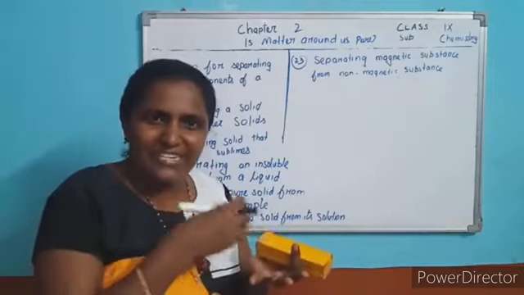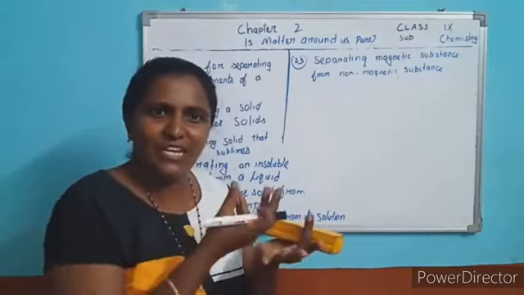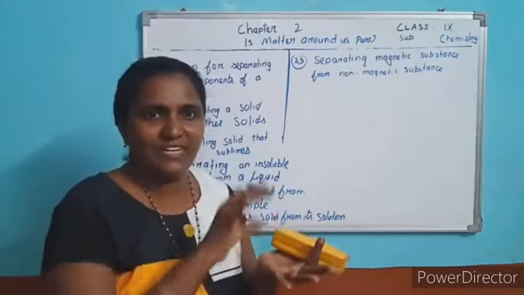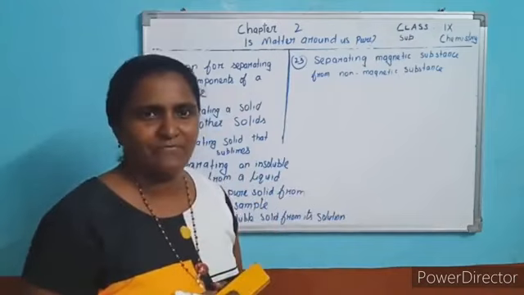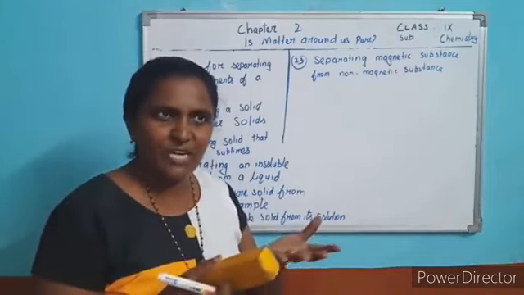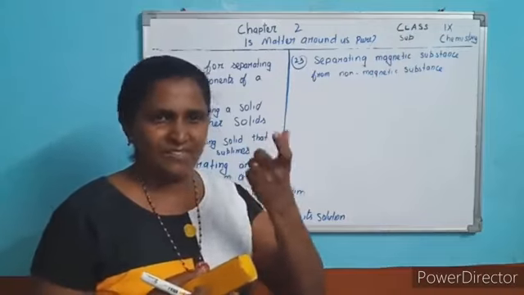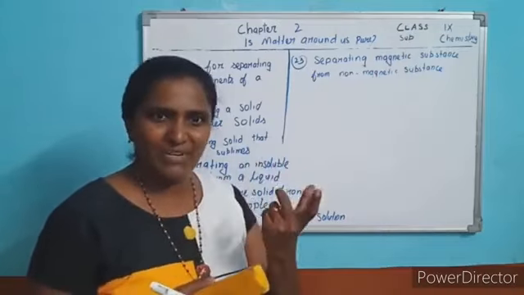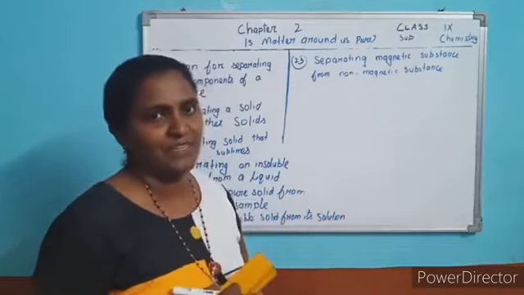In the sieving material, small holes are present through which only salt particles go down, whereas rice will remain on the object. Sieving is a process which helps to separate size difference. If two components differ much in size, one big and one small, we can prefer the sieving process.